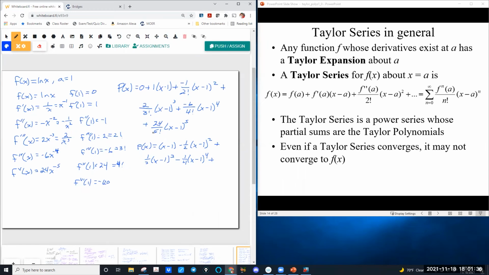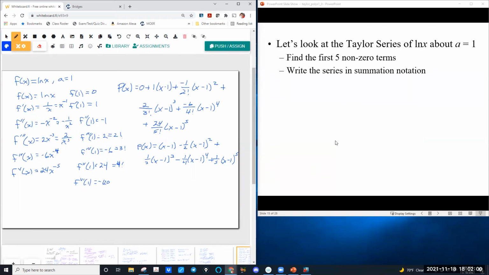Again, this is 4 factorial over 5 factorial, so 1/5. The nice thing is, if we need any more terms, we know the pattern. Next term is negative 1/6, x minus 1 to the 6th, and so on and so forth. So these will be the first 5 non-zero terms, which gives us a 5th degree Taylor polynomial of our function.